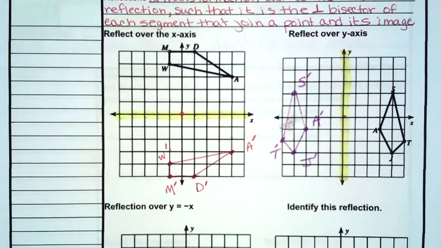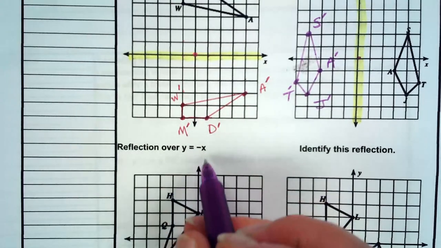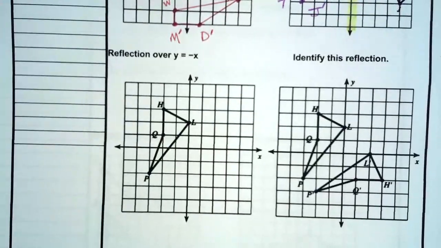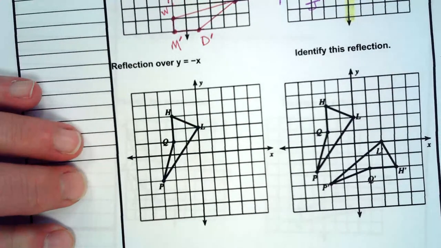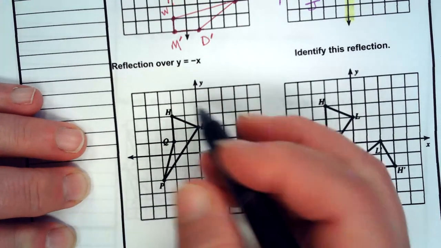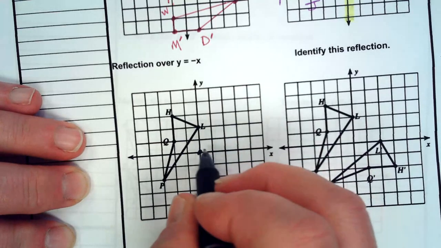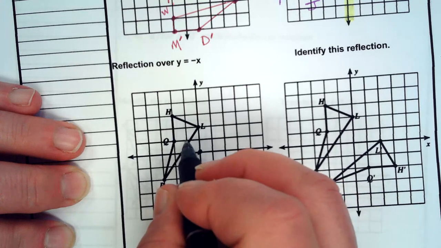Okay, so if we're going to reflect over the line y is equal to negative x, what does that line look like? We need to draw the line or at least show where the line's at. So when x is 0, y will be 0. When y is 1, x will be negative 1.